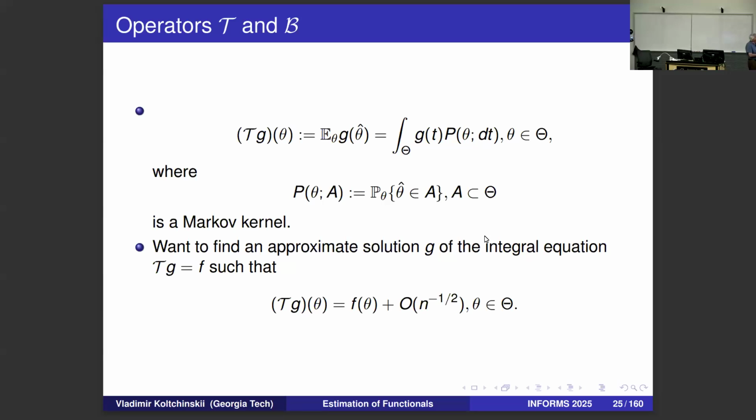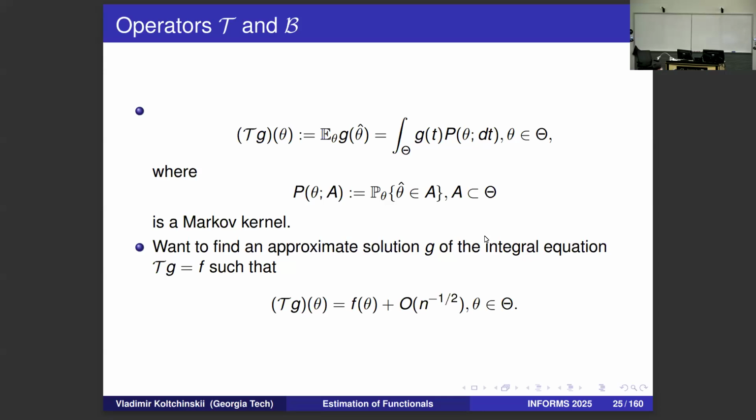Tg of theta is defined as this expectation, and we can write it as an integral operator with respect to a certain Markov kernel defined on the parameter space, right? And this Markov kernel is given by this formula, so it just gives us the distribution of our base estimate. It could be viewed as a transition kernel of a Markov chain, and we will create this Markov chain later, because it will be of importance to us.